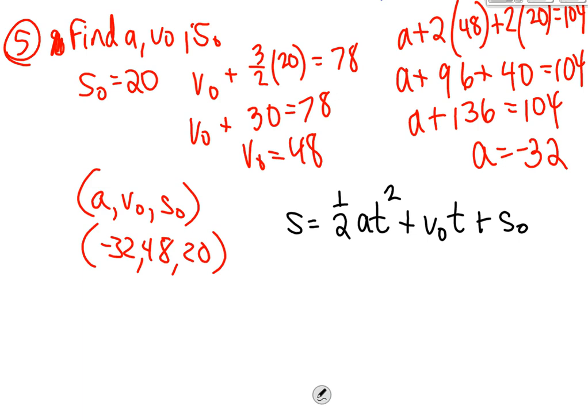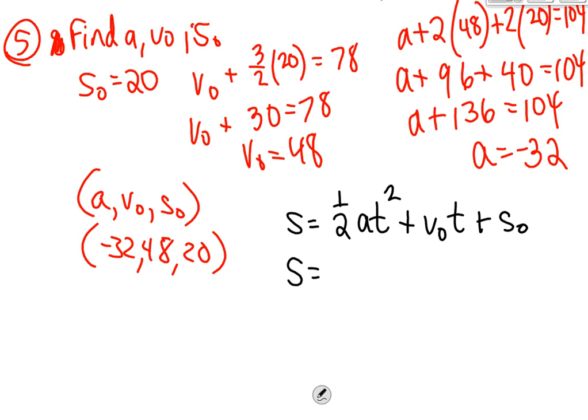And so that was our original equation. Just remember how we went through this system. So we had this equation. We knew some T and S pairs that matched. So we really put in T and S's. And then we solved this system for A, V sub 0, and S sub 0. So now we're going to rewrite it with S and T as variables.